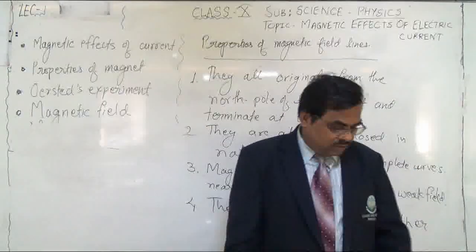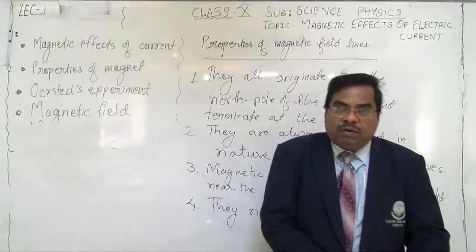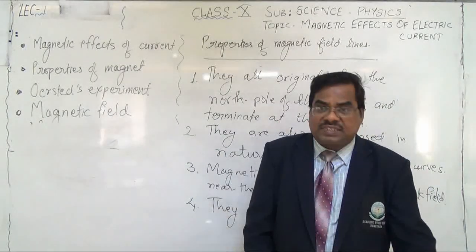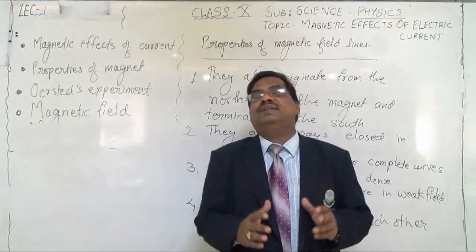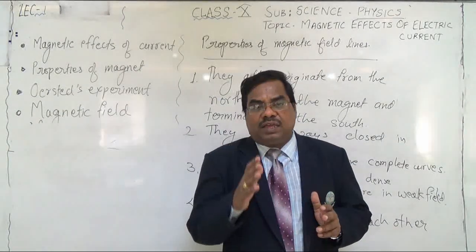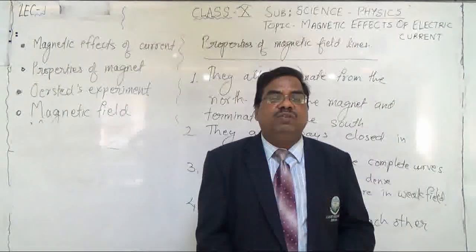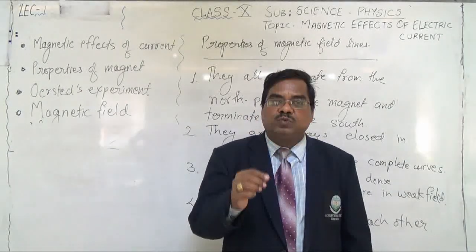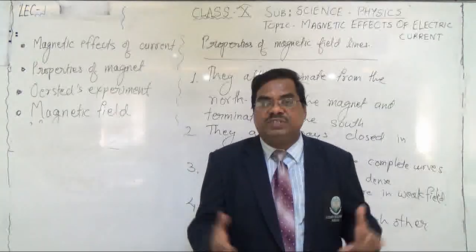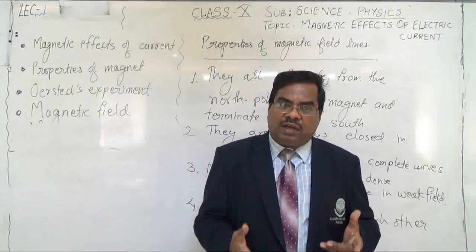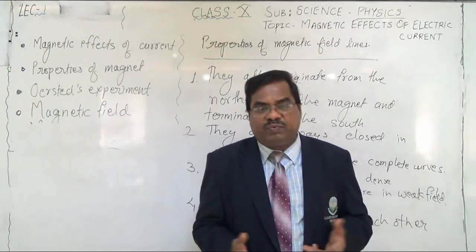So that's the winding up of today's lesson. What did we study? We studied that when electric current flows, it produces a magnetic field around it. Oersted did the experiment before his students, and he explained that there is a magnetic field.